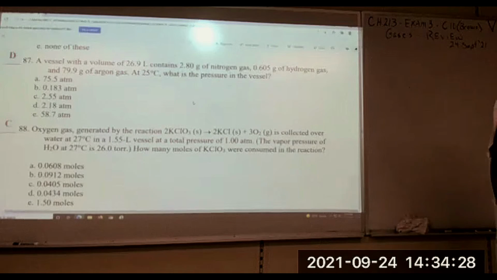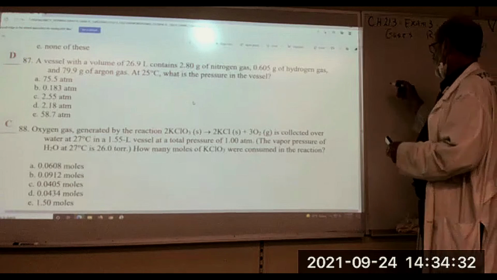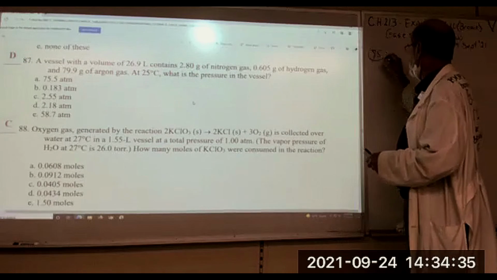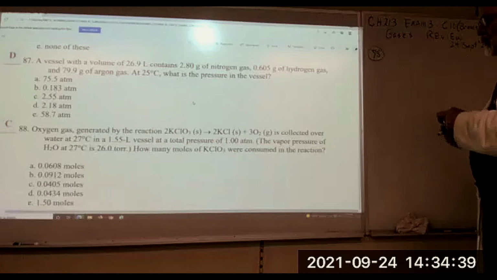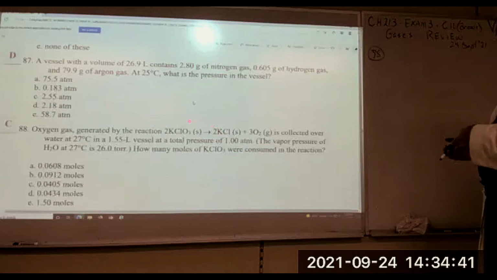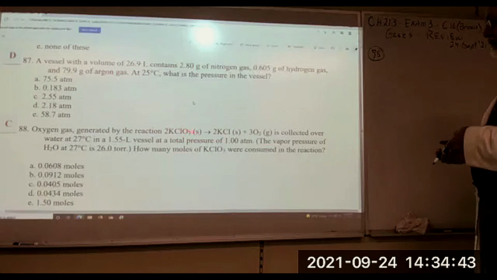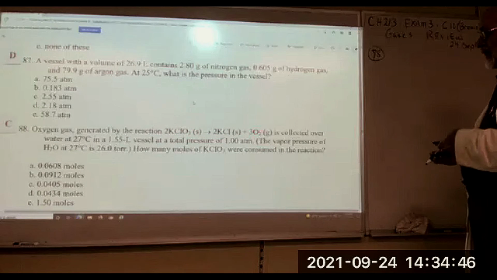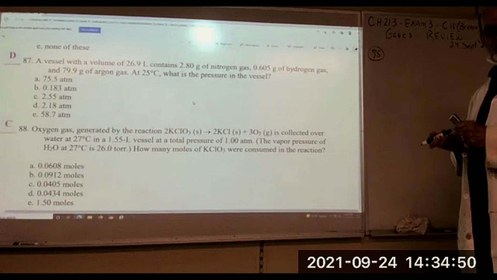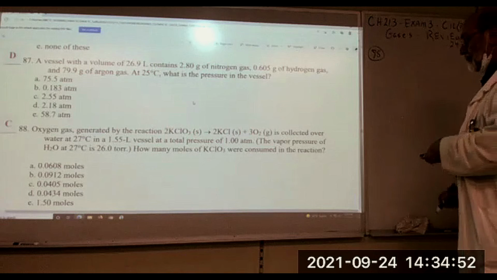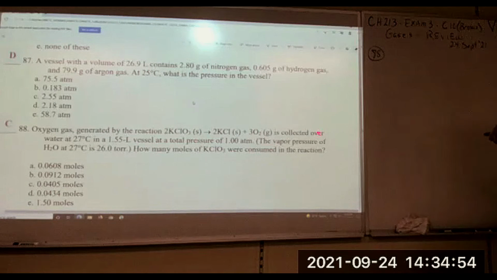Yeah, okay, we can still see all the answers. 88. Oxygen gas is generated by this reaction. Potassium chlorate decomposes to potassium chloride and oxygen gas. I think we did one of these in lecture, similar to this. So use the same reaction. But this time we're going to collect that oxygen gas over water.